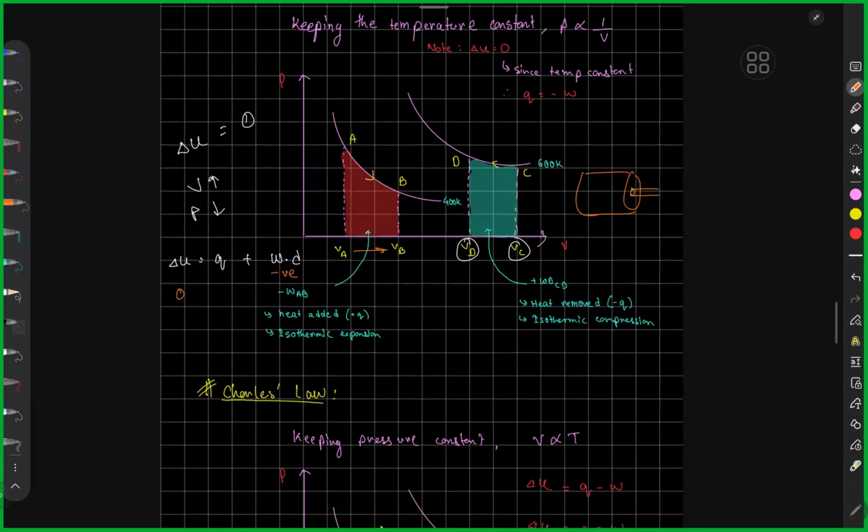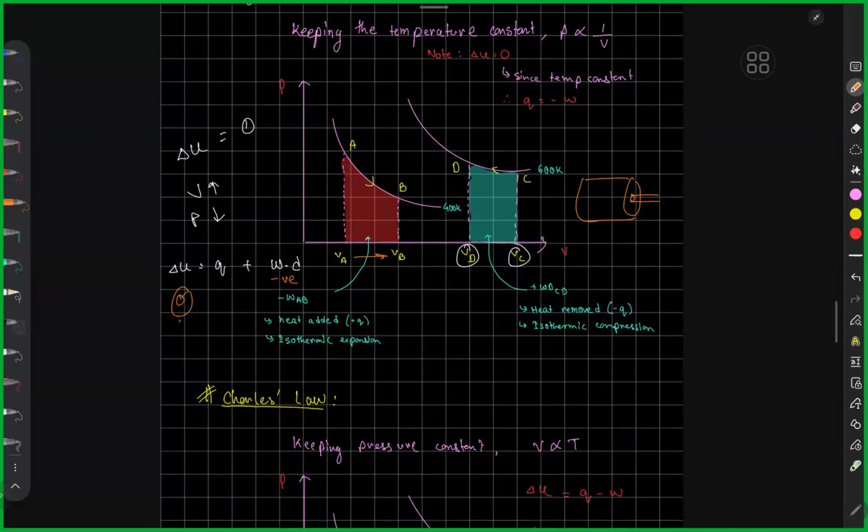Great. Now, when the change in internal energy is zero, what does that mean? Internal energy in this process does not change. But work is being done, energy is being removed from the system. How can it be that internal energy doesn't change? The change in internal energy should be negative, or basically, internal energy should decrease.